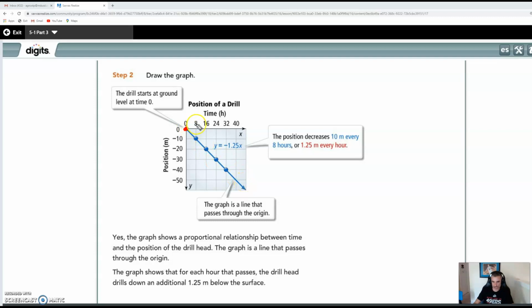After 8 hours, we've gone down 10 meters. So this graph is telling us the exact same information that our table was. After 24 hours, I've gone down 30 meters.